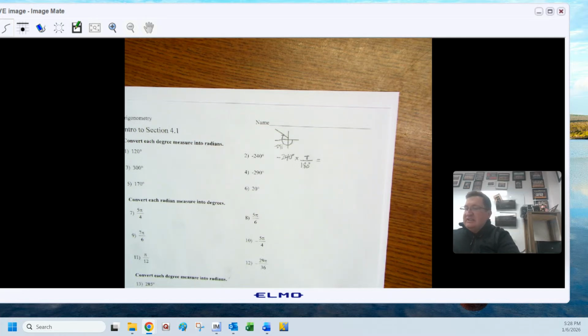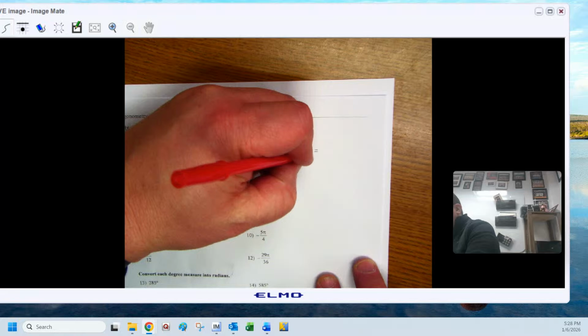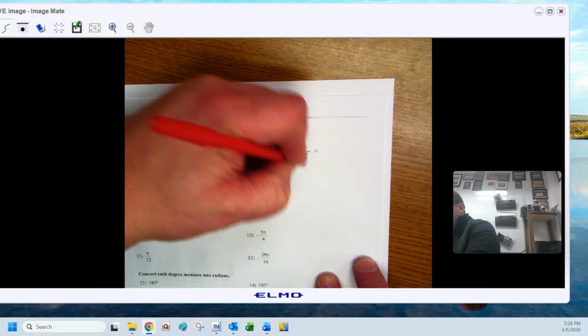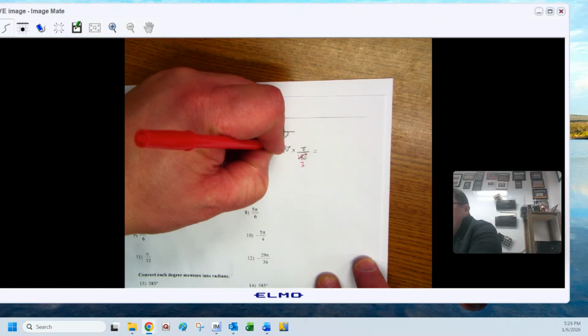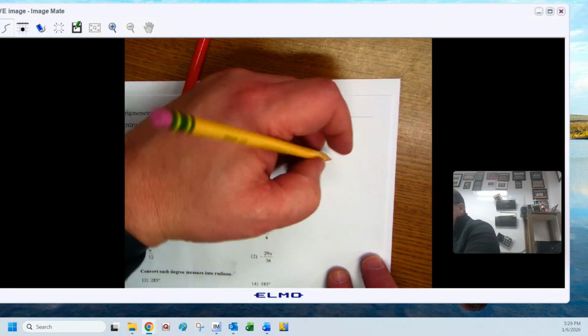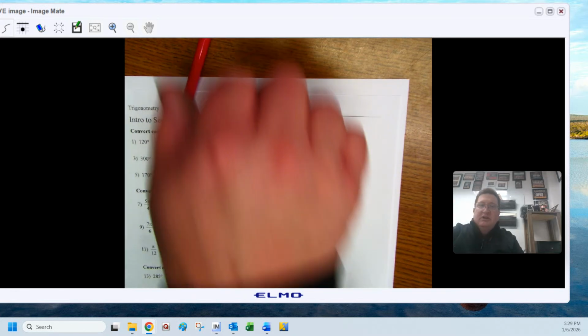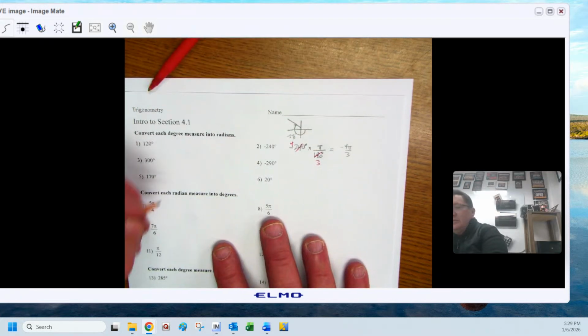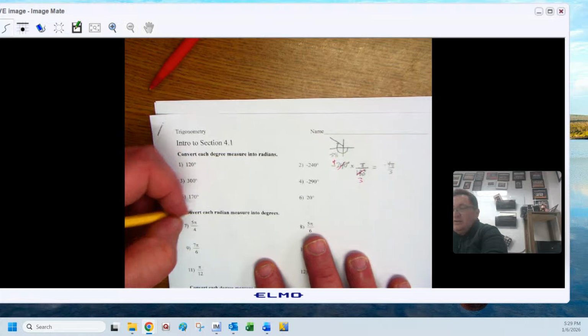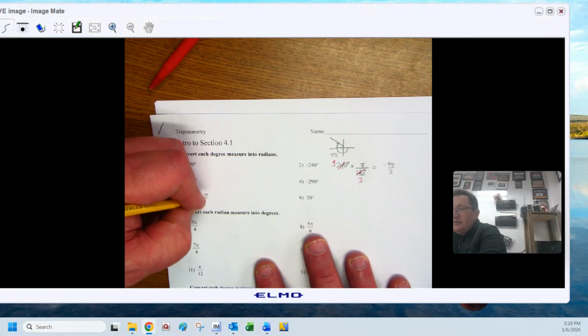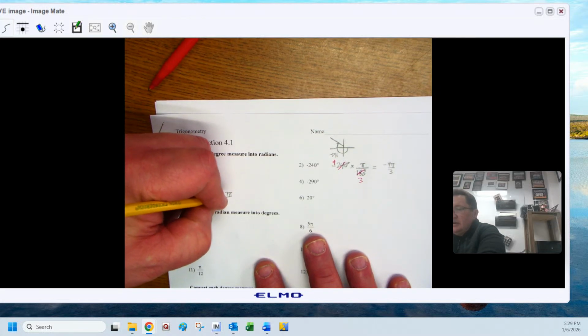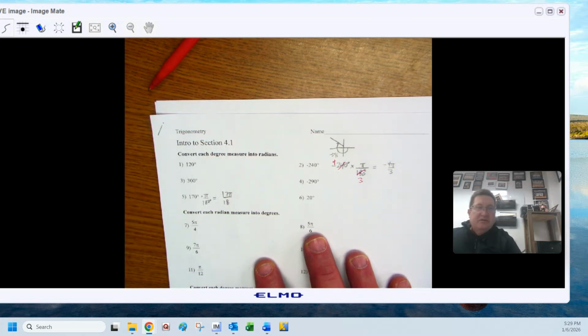Since 60 goes into 180 3 times, and 60 goes into 240 4 times, that's -4 pi over 3. Let's do another one over here. This 170, if we multiply that by pi over 180, that's 17 pi over 18 reduced.